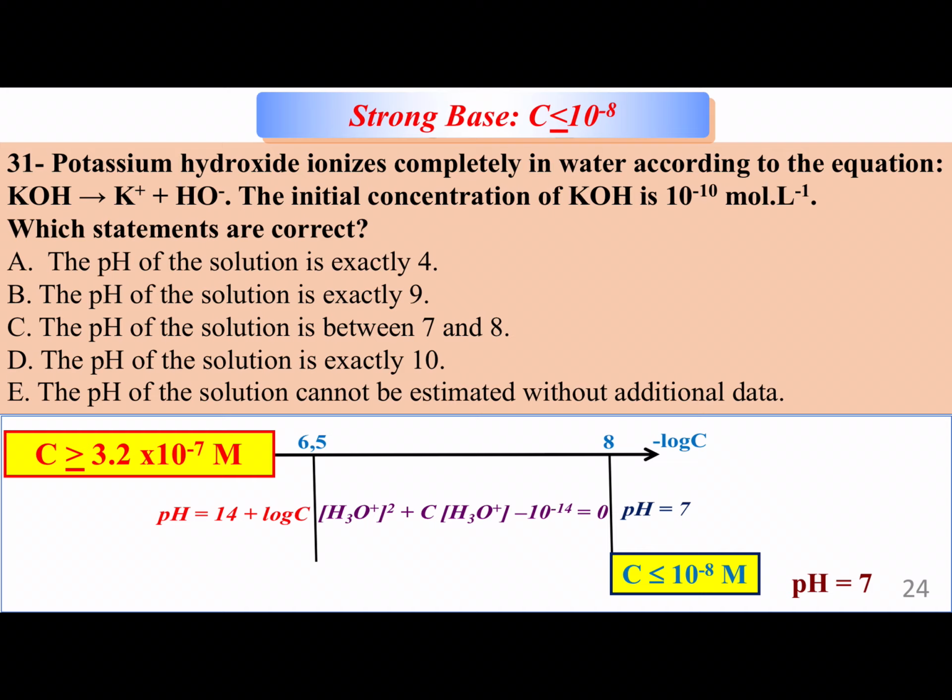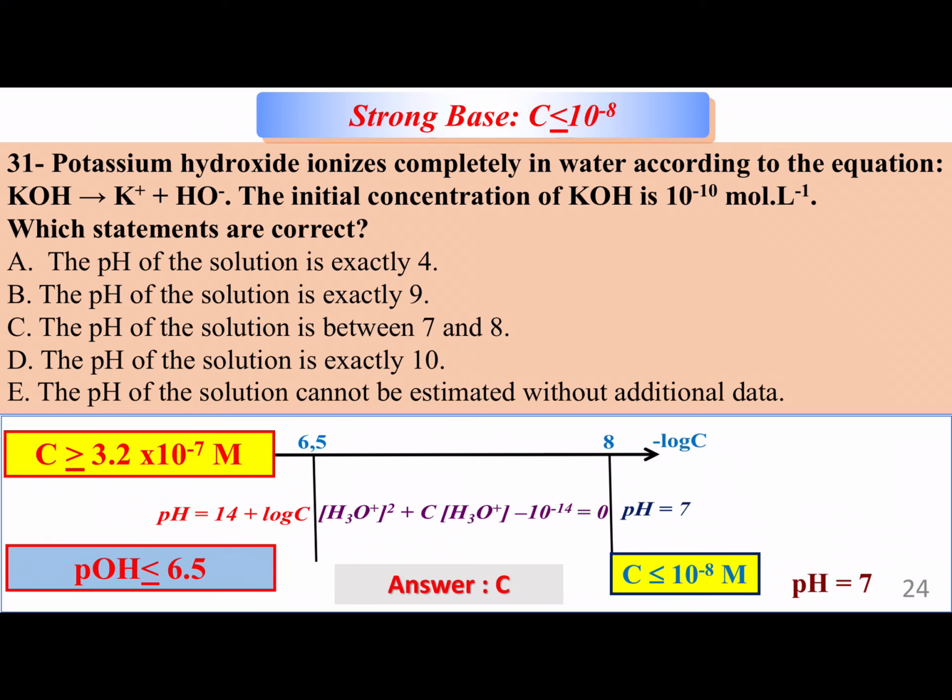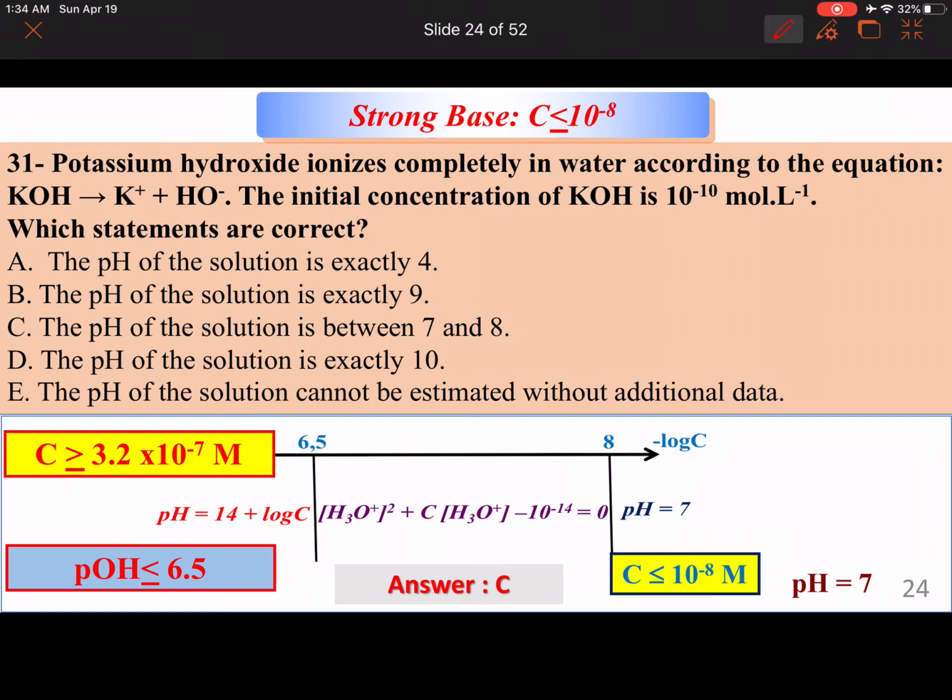It's actually lower than that. And that way you know that you have to simply take only water into consideration here, because the base concentration is so low that it's essentially negligible to the contribution of pH.